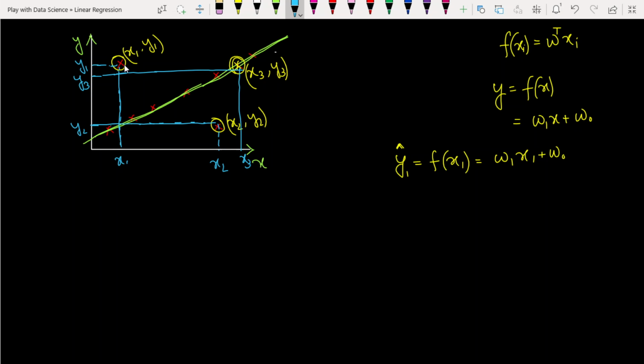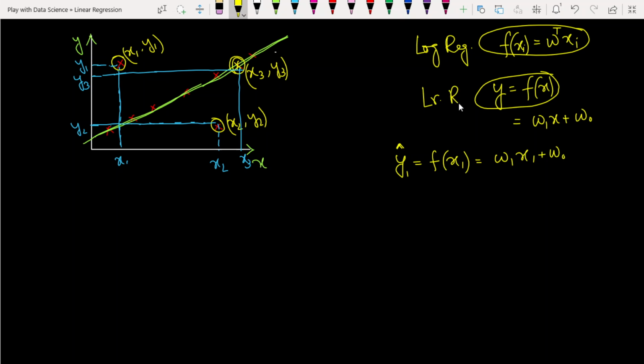Now just see the first data, that is x1 y1. Our actual given output is y1, but from the equation of our plane we get the predicted output. Don't be confused: these equations we used for logistic regression, but here we are calling it linear regression.